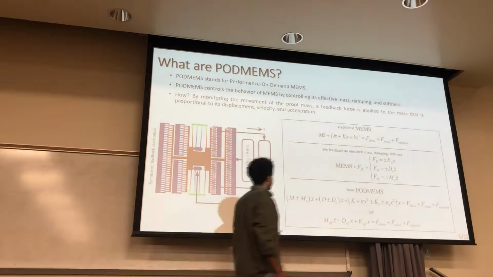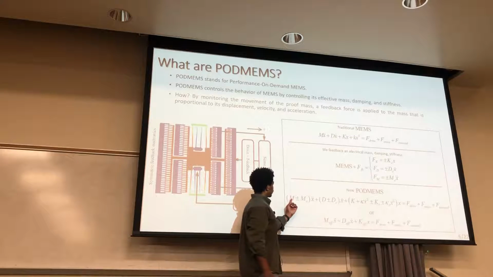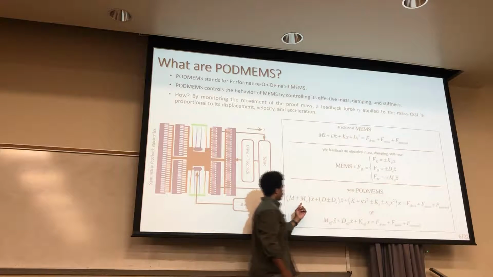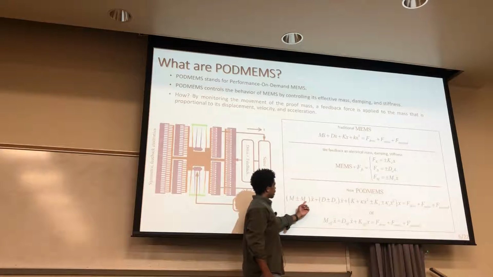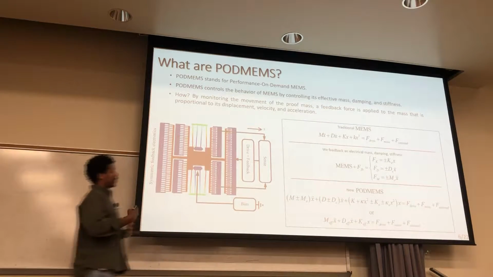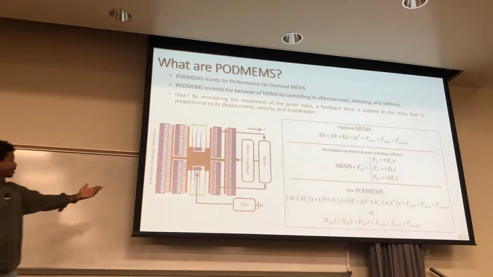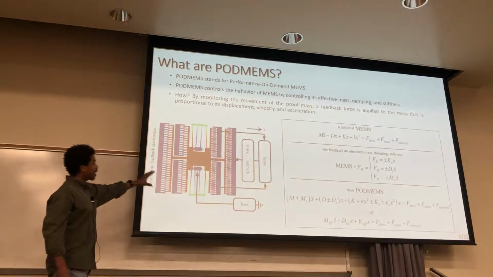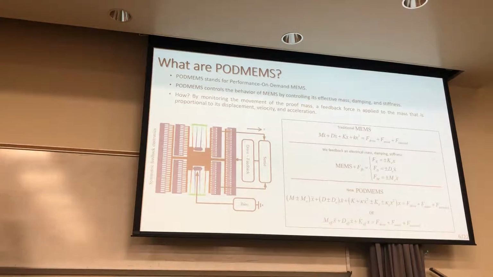What we were trying to do is, here's the mechanical mass, mechanical damping, and mechanical stiffness, and we're trying to create an electrical mass, electrical damping, and electrical stiffness using feedback. If you feed back a force that's proportional to the acceleration you're sensing, or proportional to velocity, or to displacement, then you can make this device behave like it's actually heavier, or like it's in a vacuum even though it's in air, or like it resonates like a nanostructure even though it's a microstructure.